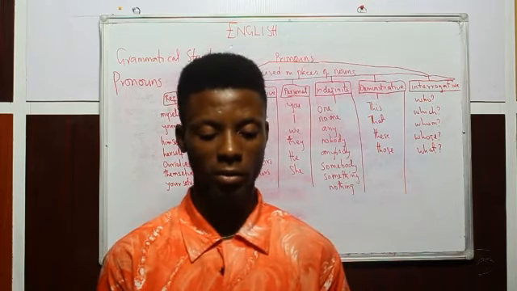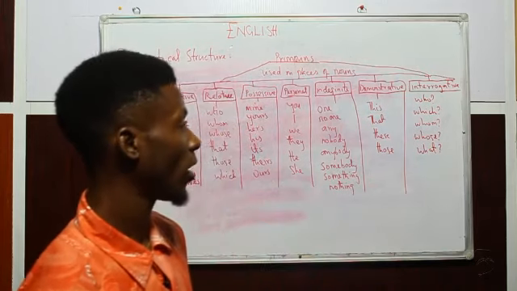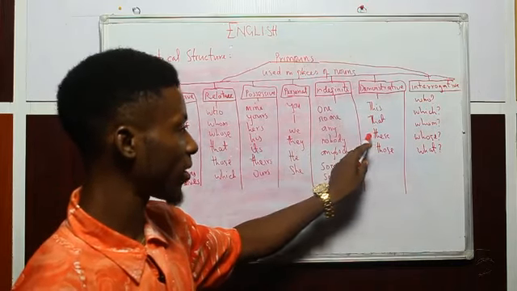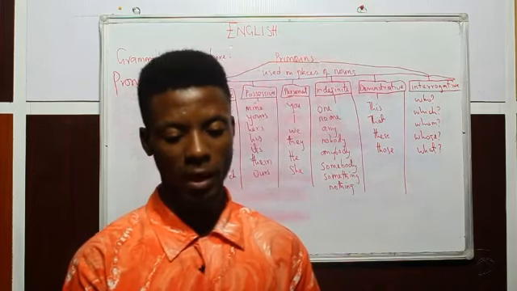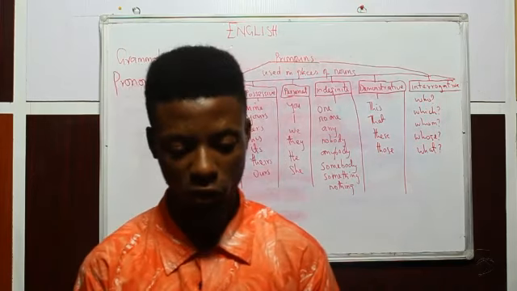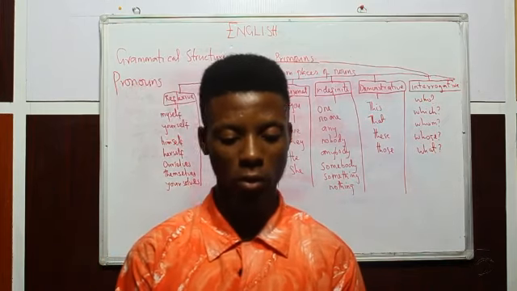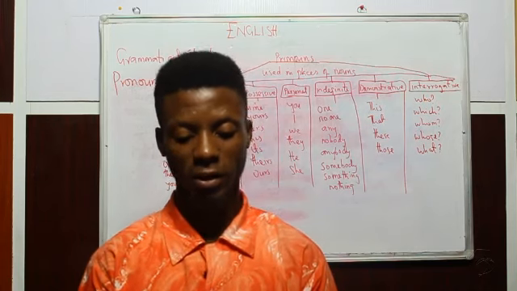We have demonstrative pronouns. These are this, that, these and those. This and that are used in the singular sense, meaning one, to show near and distant reference respectively.